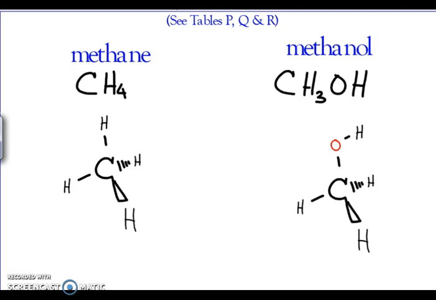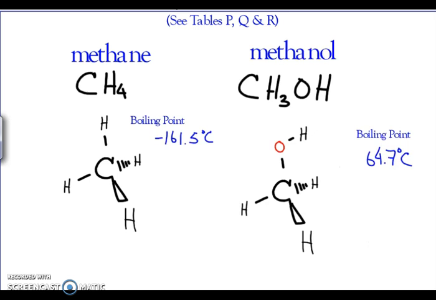We end up with a very highly electronegative element in oxygen and a very low electronegative element in hydrogen, thereby creating a strong dipole moment. That strong dipole moment is what results in hydrogen bonding. That hydrogen bond makes that methanol molecule stick to other methanol molecules substantially.